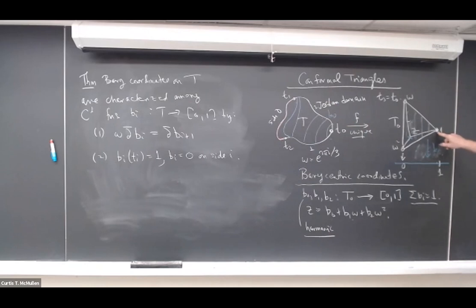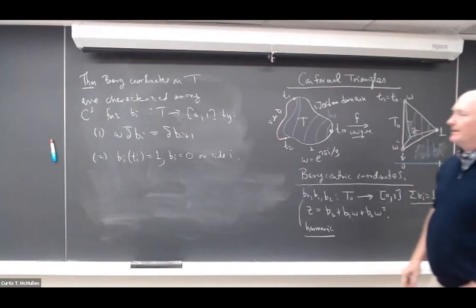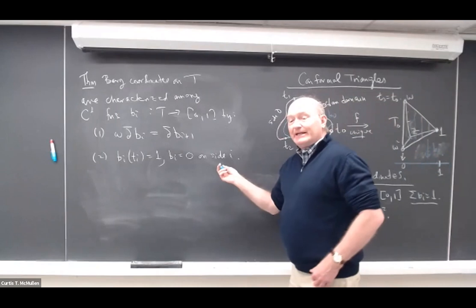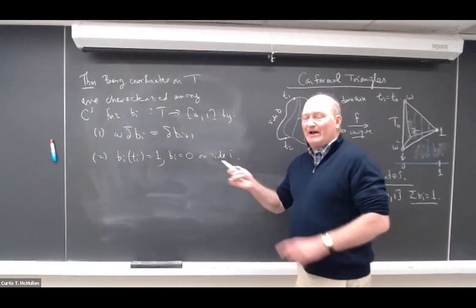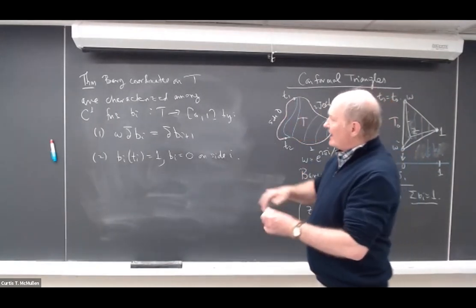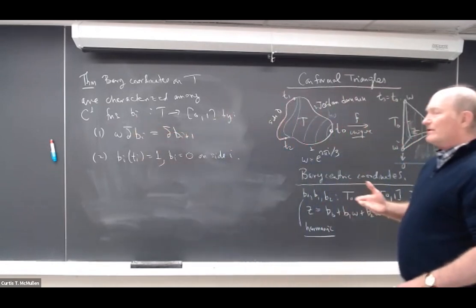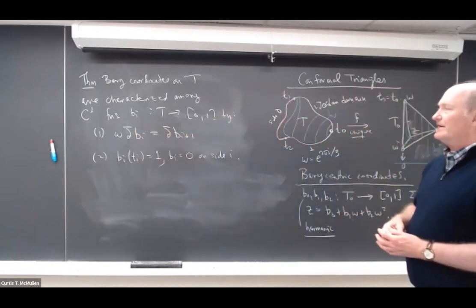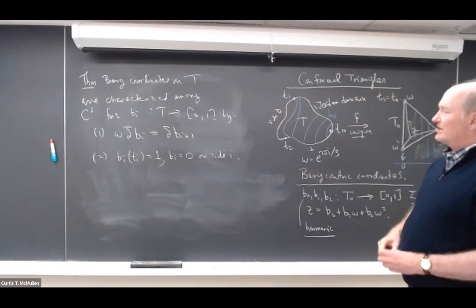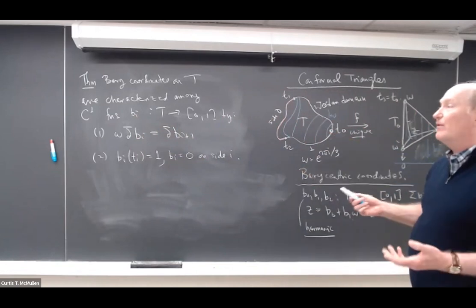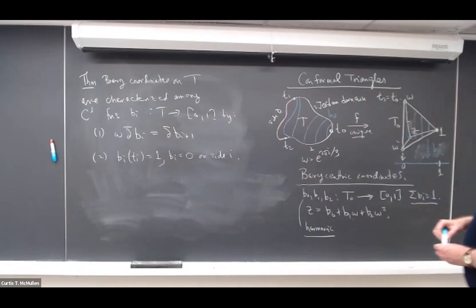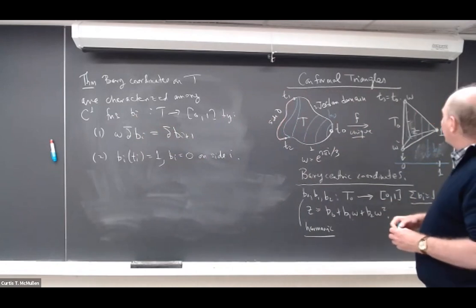B0 is 1 at this point, it's 0 along this edge. Now notice I didn't give the complete set of boundary values. And I also didn't say that these functions are harmonic. So it's kind of interesting that these weaker conditions serve to characterize barycentric coordinates, and they force the Bi's to be harmonic. And there's a neat reason for that.